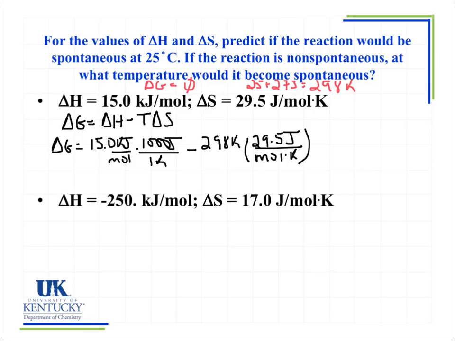And when I solve this, what I see is I get a delta G value equal to 6209 joules per mole. Now it doesn't really matter whether I convert to joules or kilojoules as long as we get both values with respect to the same units.